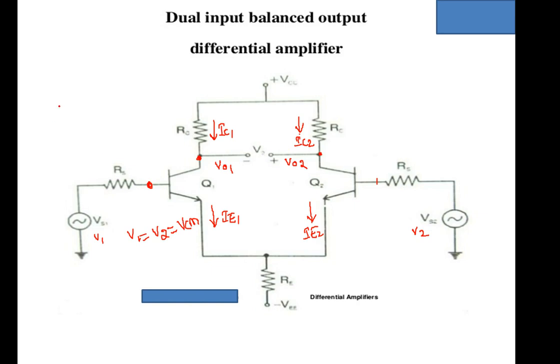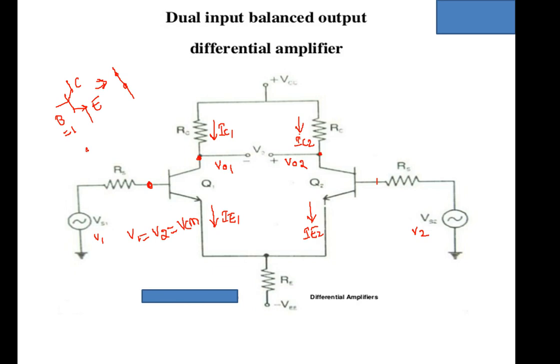So here I am applying some voltage at the base. We know that the transistor acts as a switch. This is the base, collector, emitter. If you apply some voltage at the base terminal, the transistor acts as the on switch. That means the collector and emitter terminals are short circuited.